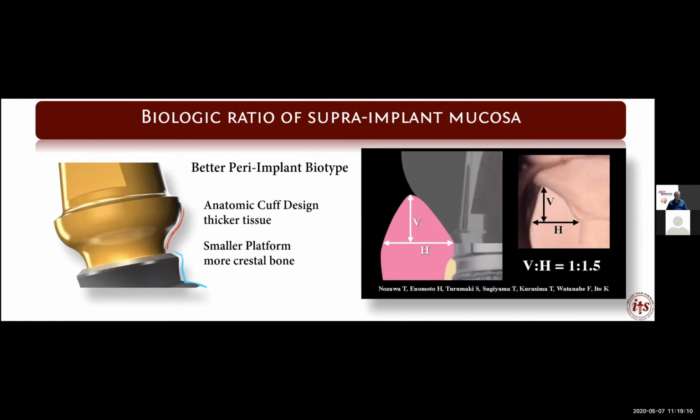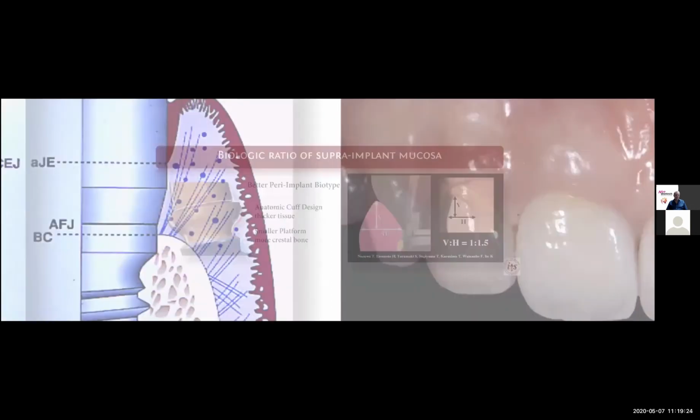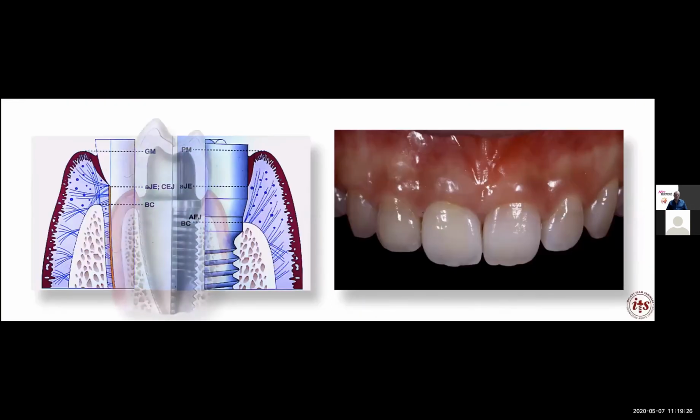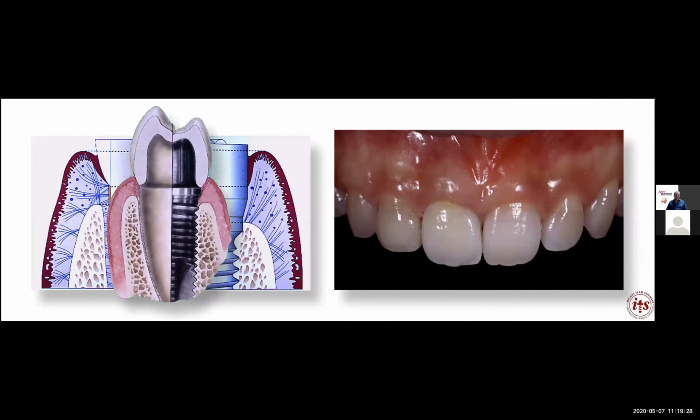The ratio is about 1 to 1.5. That is, there is 1.5 millimeters of horizontal gingival tissue to support about 1 millimeter of vertical bone height. So paying attention to these details gives us the opportunity to produce an implant-supported functional and aesthetic restoration.